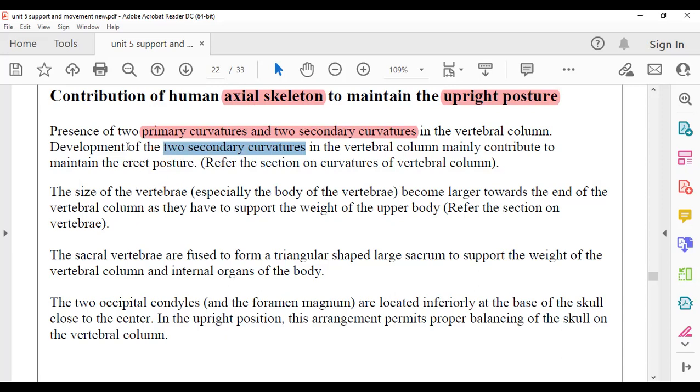So overall, there are primary curvatures and secondary curvatures helping us in the erect posture.